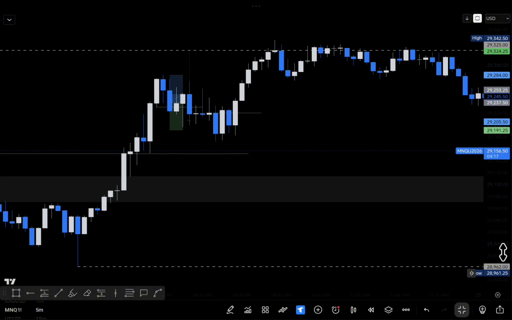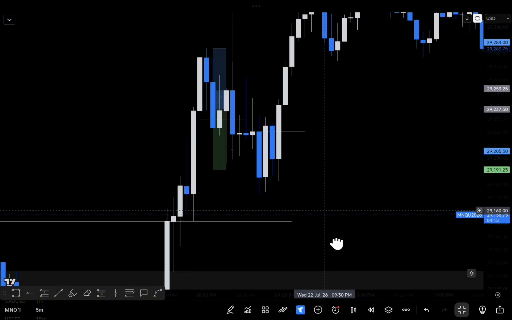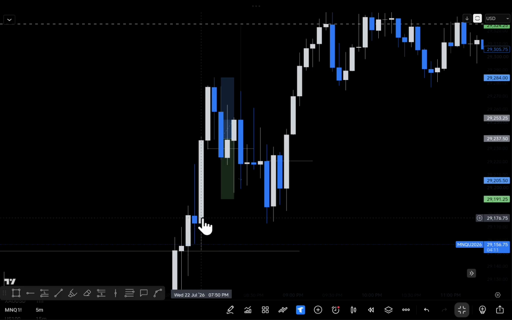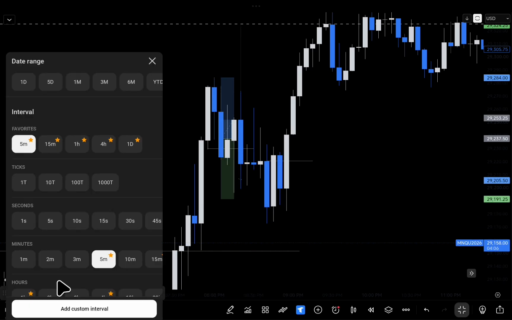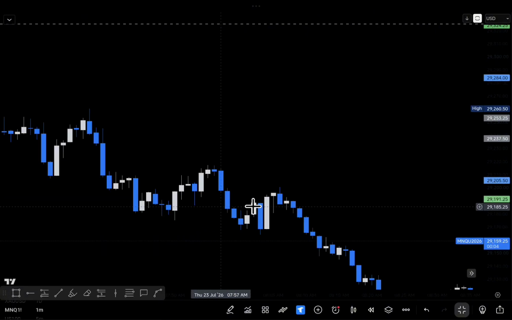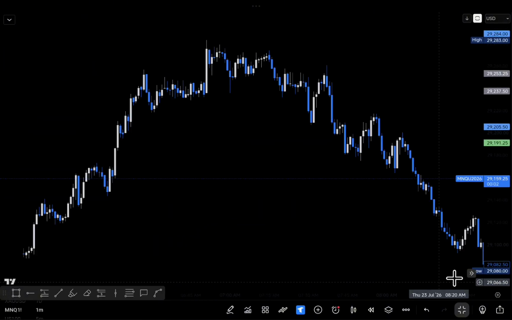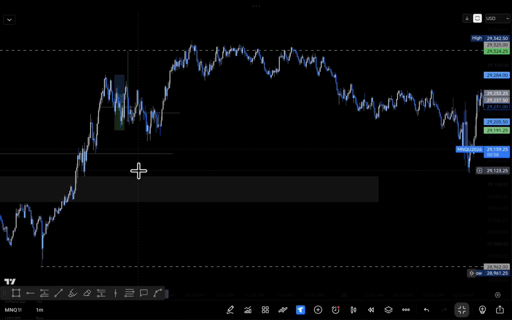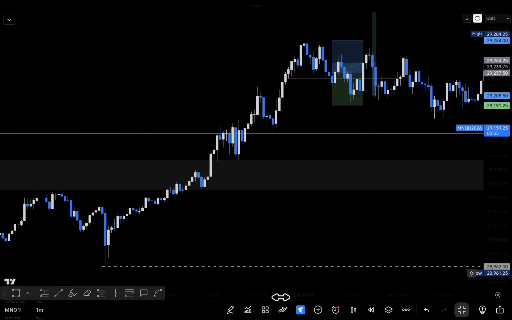Then price created this engulfing candle on M5, reacting from this order block again on M5. Usually after an engulfing candle, what I tend to do is look for a retest and continuation. So that's what happened in here.